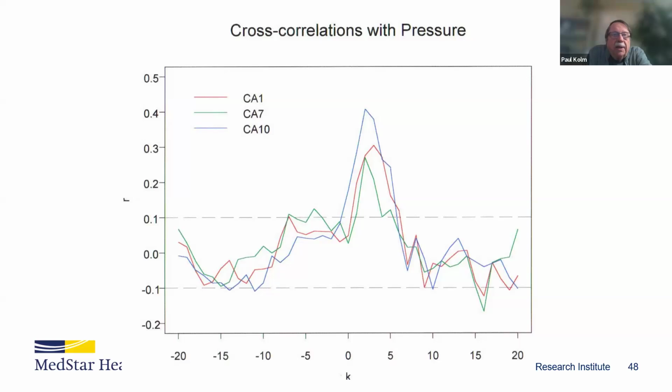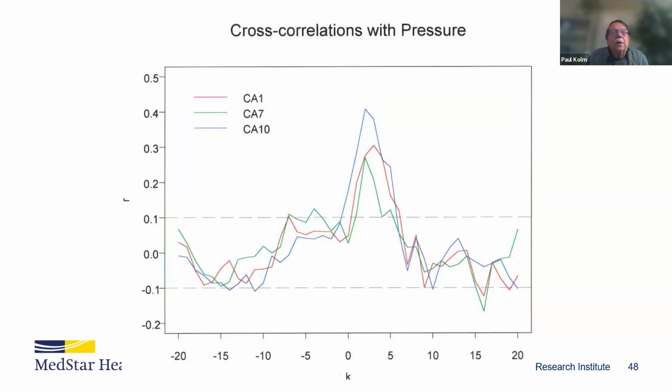And then in negative lags, we have negative or non-significant correlations. And so what we're concluding in this study is that these groups of neurons are similar. That is, they all peak at approximately the same time.